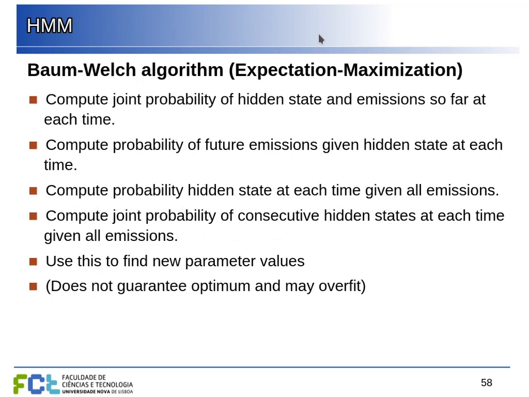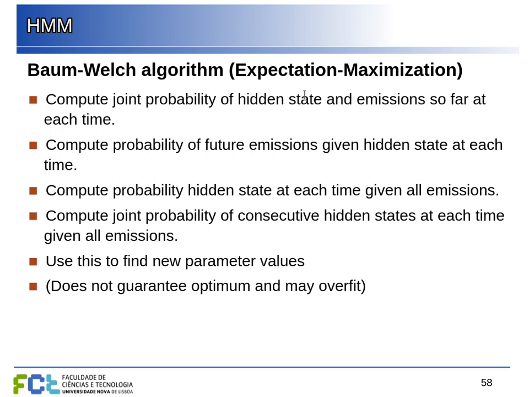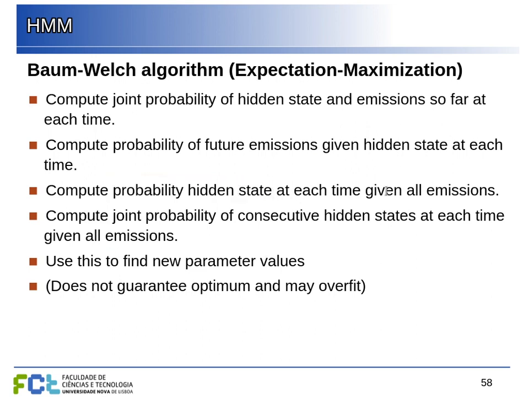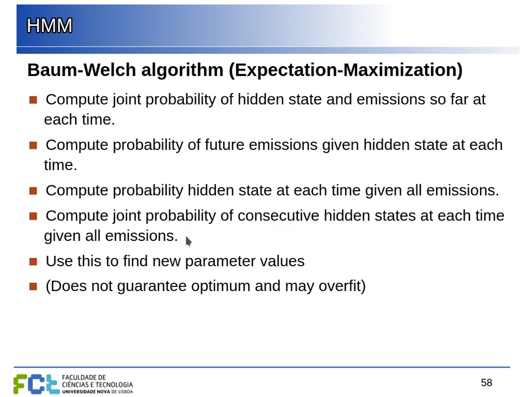So this is basically the Baum-Welch algorithm, and we start with an initial guess of the parameters, and by computing these probabilities, joint probabilities of hidden state and the emissions so far, and the probability of the future emissions given the hidden state at each time, we can use this to compute these probabilities: the probability of being in some particular hidden state at each time given all the observed emissions, and the joint probability of having two consecutive hidden states at each time step given all the emissions.